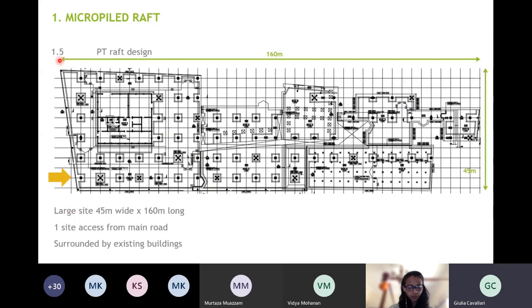The site is quite large, just under 60 meters long and 45 meters wide. It only has one access on the left side from the main road, and is surrounded by existing buildings on the lower side, on the upper side, and in this corner there are existing buildings that could not be disturbed.